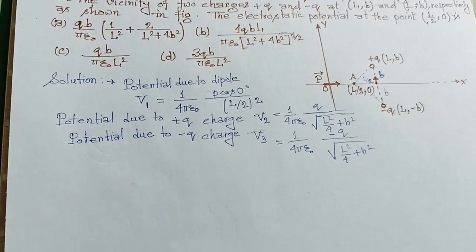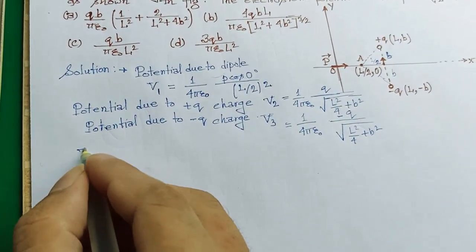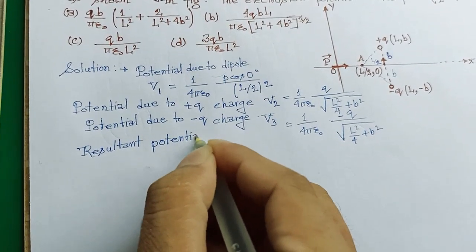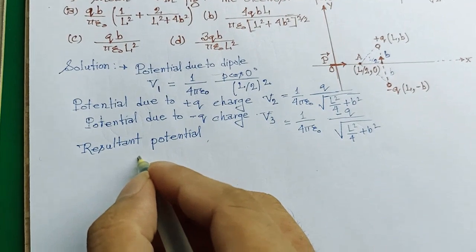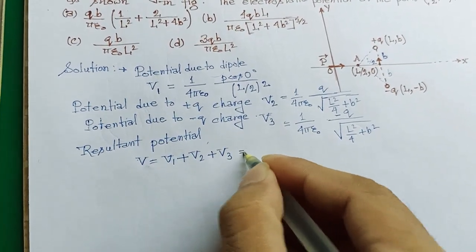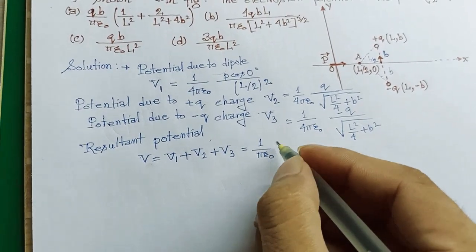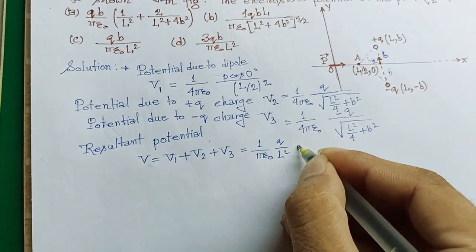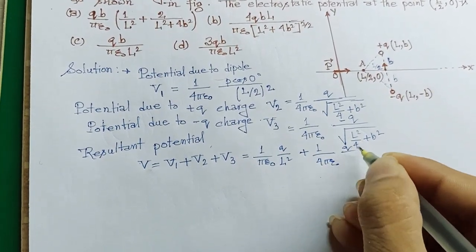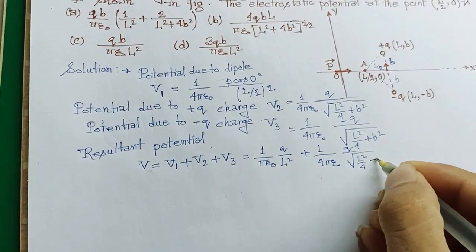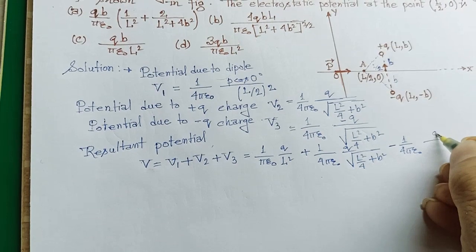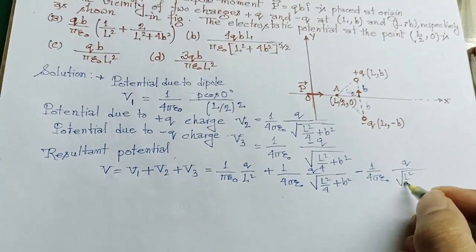So our resultant potential V will be equal to V1 plus V2 plus V3, which is equal to 1 divided by pi epsilon naught q divided by L square plus 1 divided by 4 pi epsilon naught q divided by under root of L square divided by 4 plus b square minus 1 divided by 4 pi epsilon naught q divided by under root of L square divided by 4 plus b square.